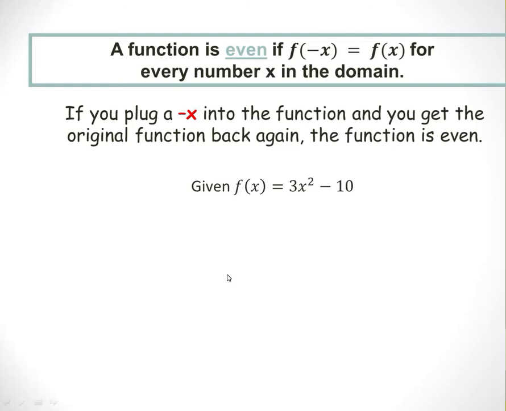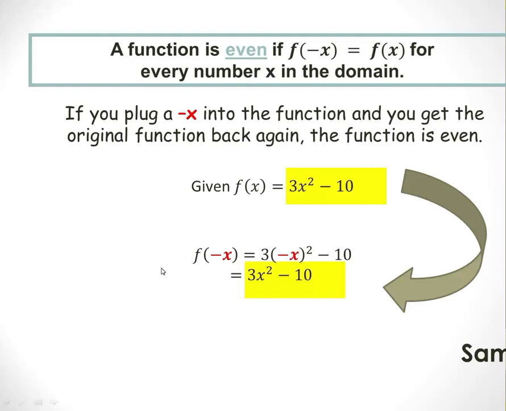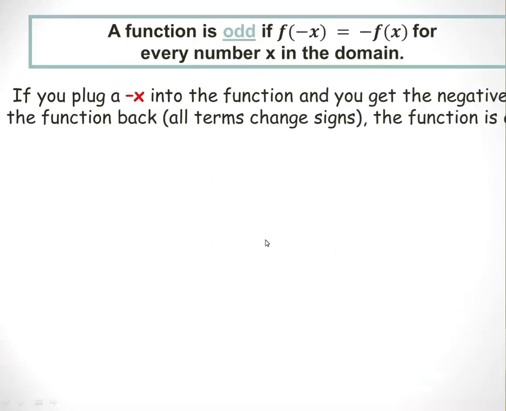We said that to test whether a function is even or odd, find f of minus x, as in this case, and compare it at the end with the original function. If it is the same, with the same sign, this function is even.